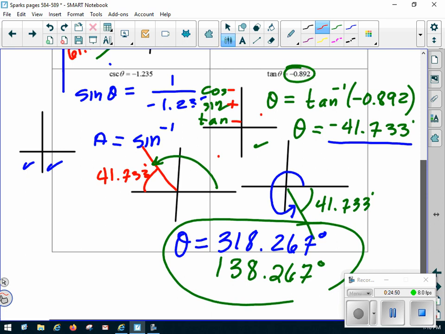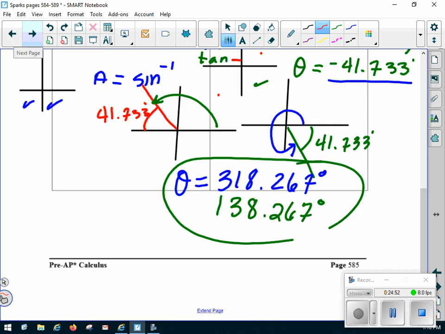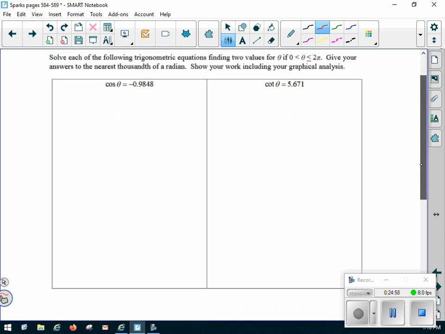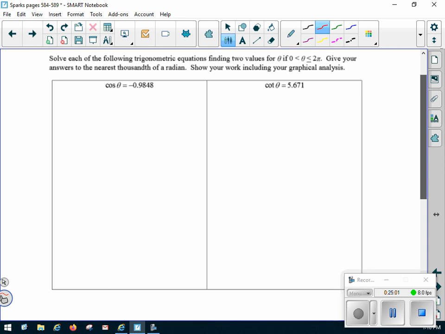Is that better? Okay. What's different? Radians. We're in radian mode, so what do you need to do to your calculator? Radian mode.